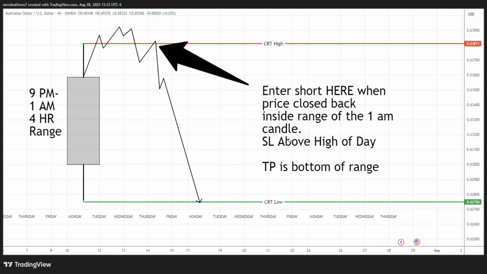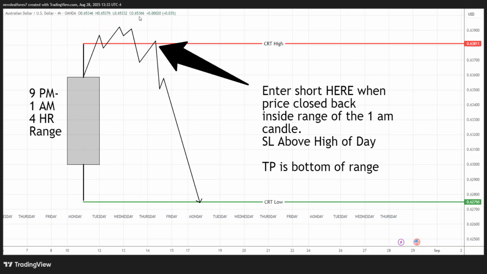So let's take a look at the template here. When you come to the chart every day at around 5 a.m., you're looking at this range candle that forms between 9 p.m. and 1 a.m. If it takes the high and then closes back inside of it, then you enter right there and ride it down to the opposite side of the range.